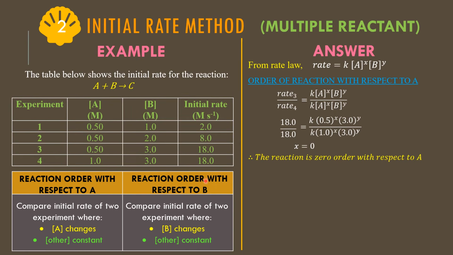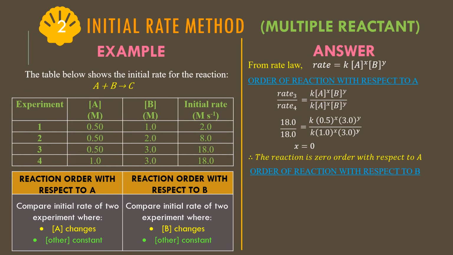Nak cari reaction order untuk B yang berubah, yang lain constant. So, kalau kita tengok pada data kita ni, eksperimen yang menepati ciri-ciri yang kita nak iaitu eksperimen 1 dan eksperimen 2. Sebab concentration B berubah, eksperimen 1 lain, 2 lain. Tapi untuk concentration A dia constant.